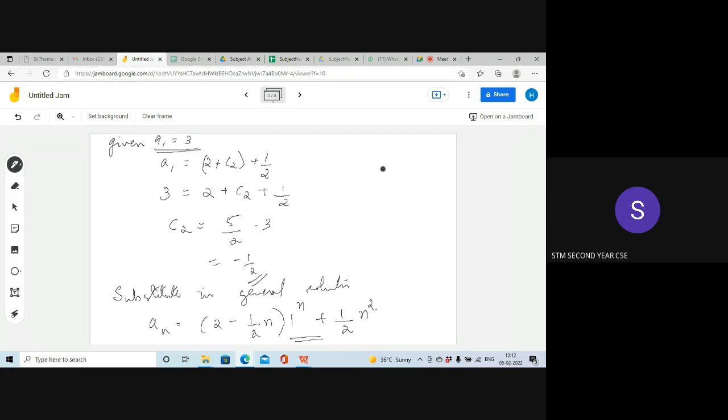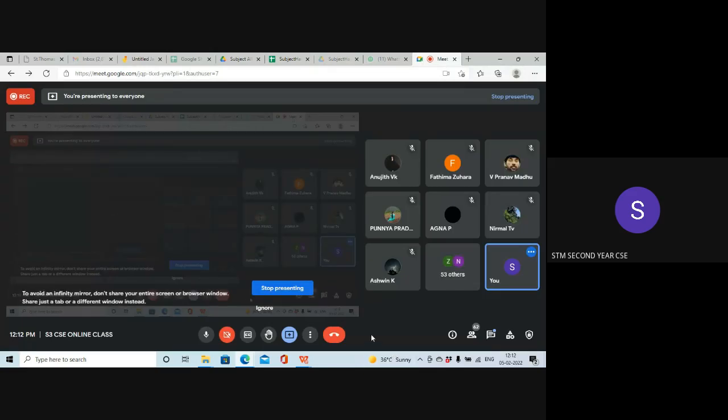We solved the homogeneous part separately and the particular solution separately. Finally, we added the two solutions, and using the initial conditions, we found the values of constants C1 and C2 and substituted in the general solution. That is what we did now. Is it clear to you?